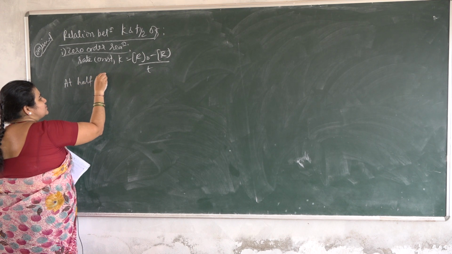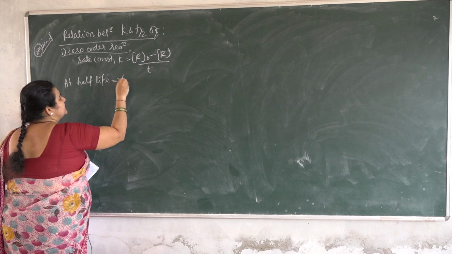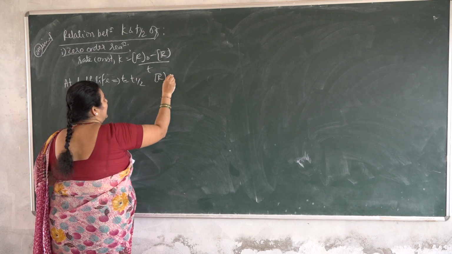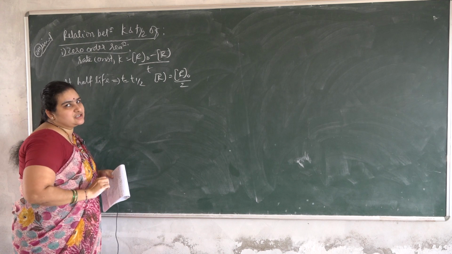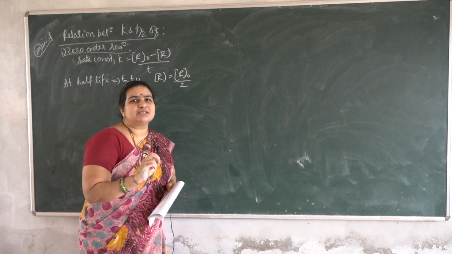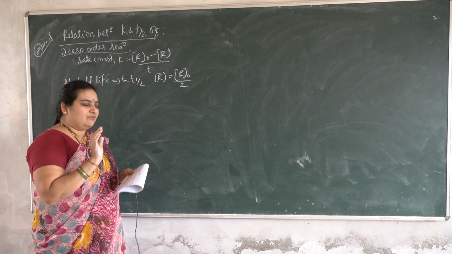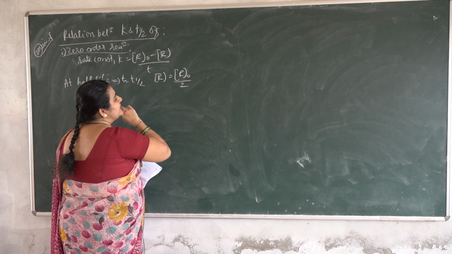What is the definition of half-life? When t = t half, the concentration [R] = [R]₀/2. This is the condition, that is, the initial concentration of reactants is reduced to half of the initial value. So [R] = [R]₀/2.